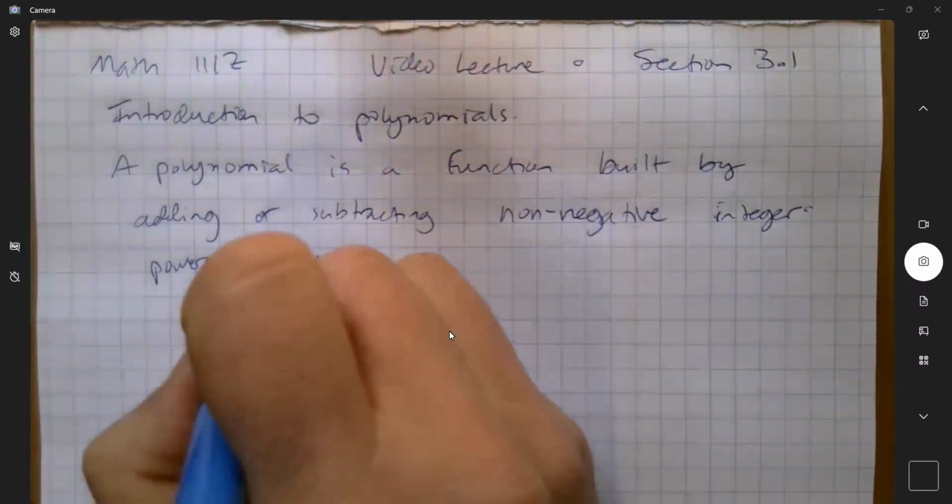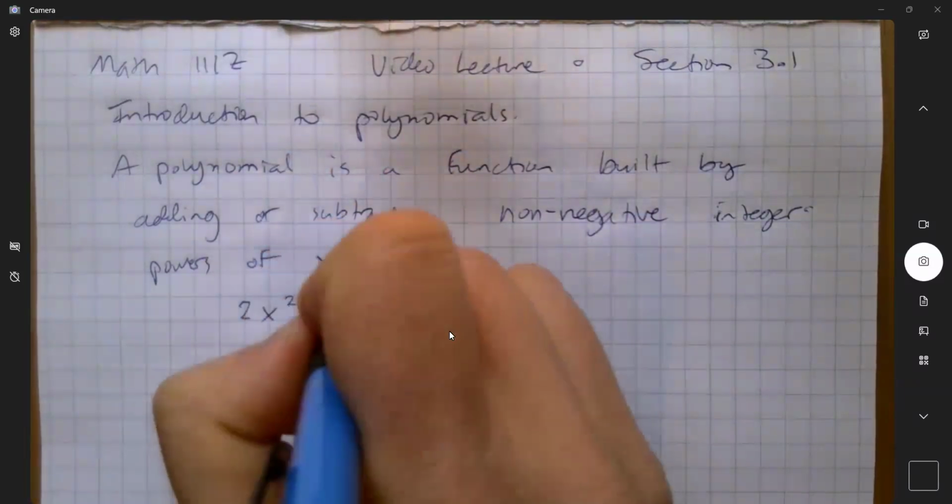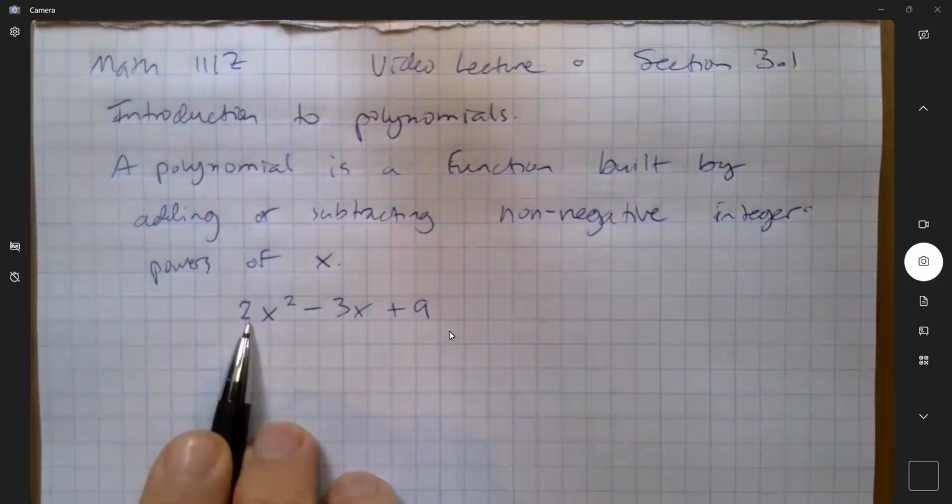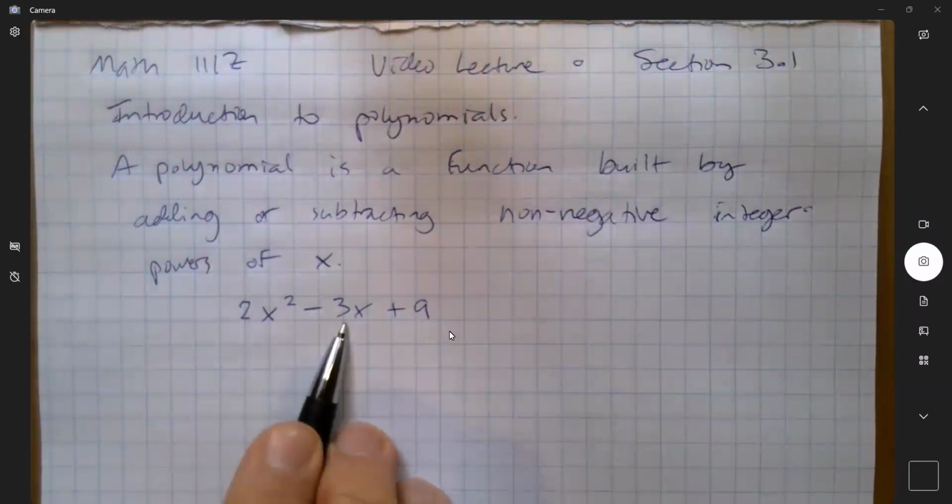So, for example, quadratic functions are built by adding or subtracting non-negative integer powers of x.